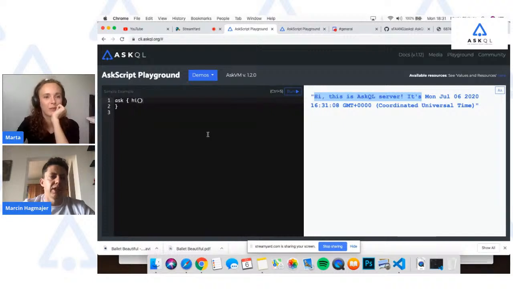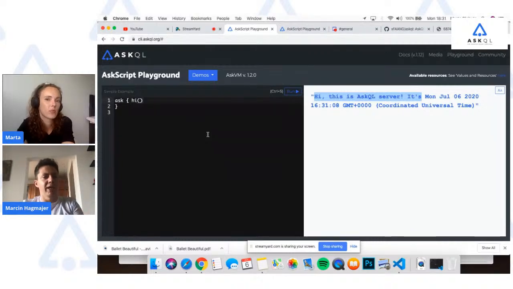So this computer that runs this AskQL is currently deployed on Netlify. Netlify is a server which runs JavaScript. So what we have here is an AskVM, which is a JavaScript program. A program in AskQL goes into it, and it runs this, itself being a JavaScript program.